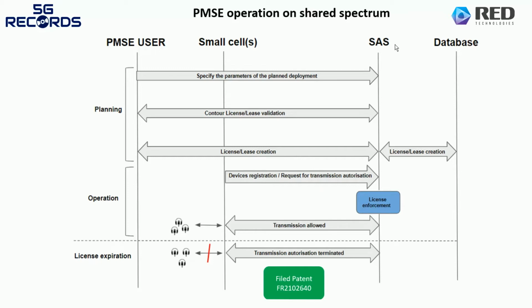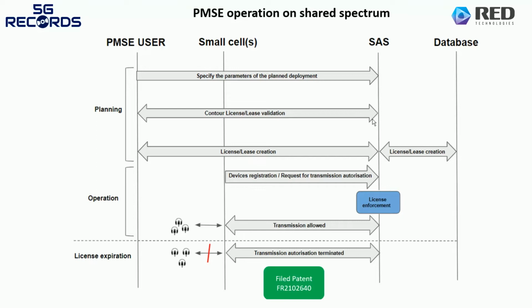Prior to operating, the PMSE user first needs to indicate its planned deployment to the SAS, the Spectrum Manager, so that the Spectrum Manager can identify whether there are frequencies available that will not impact other users, local licenses and leases already deployed.